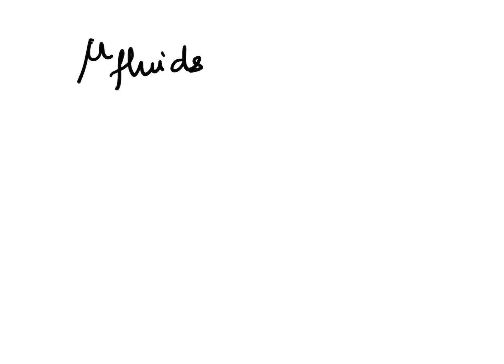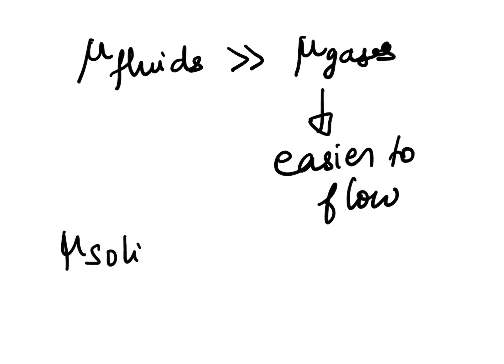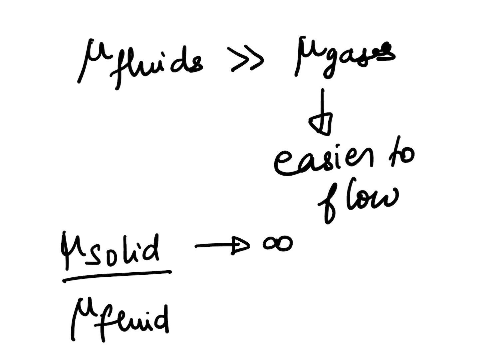Usually, viscosity of fluids is much greater than the viscosity of gases. What that implies is gases flow more easily. They offer less resistance, and if you think of solids as an extreme case of a fluid, the viscosity of a solid is practically infinity compared to that of a fluid.